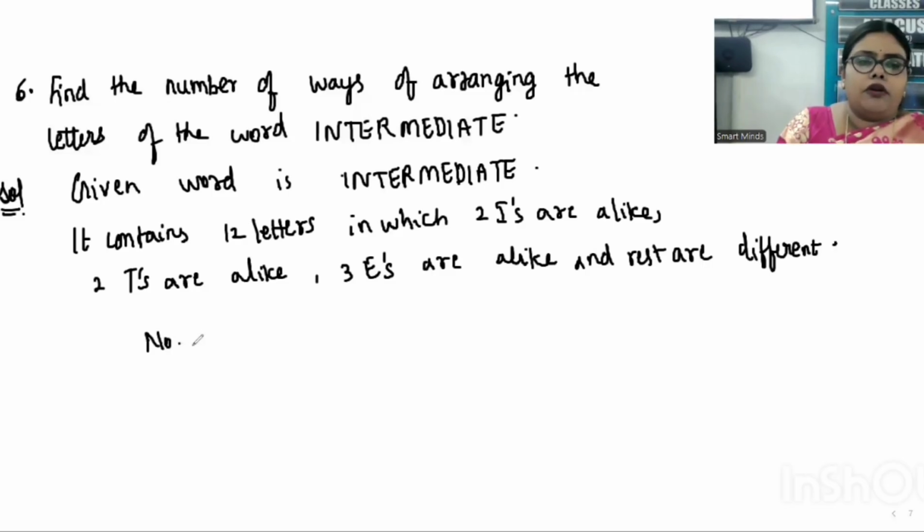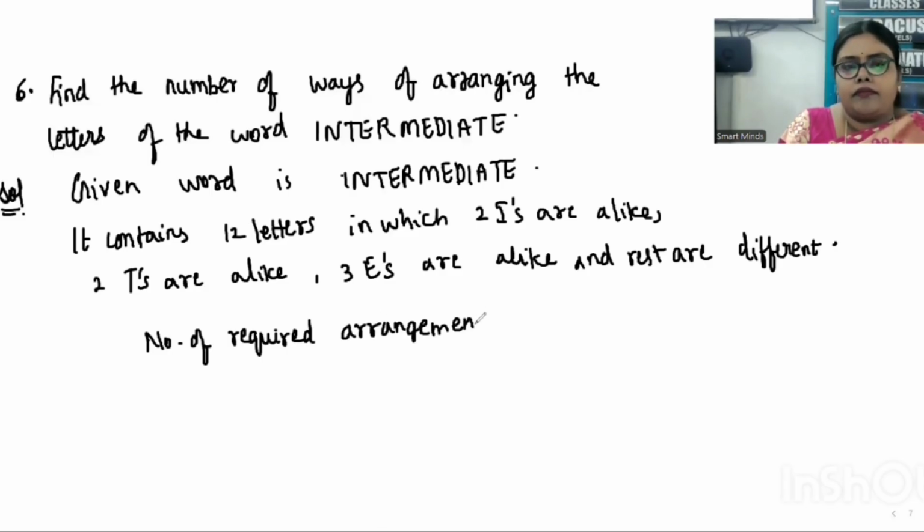So what is the number of required arrangements? Total number of letters factorial, divided by the repeated letters: 2 factorial into 2 factorial into 3 factorial. You can stop the answer here itself.